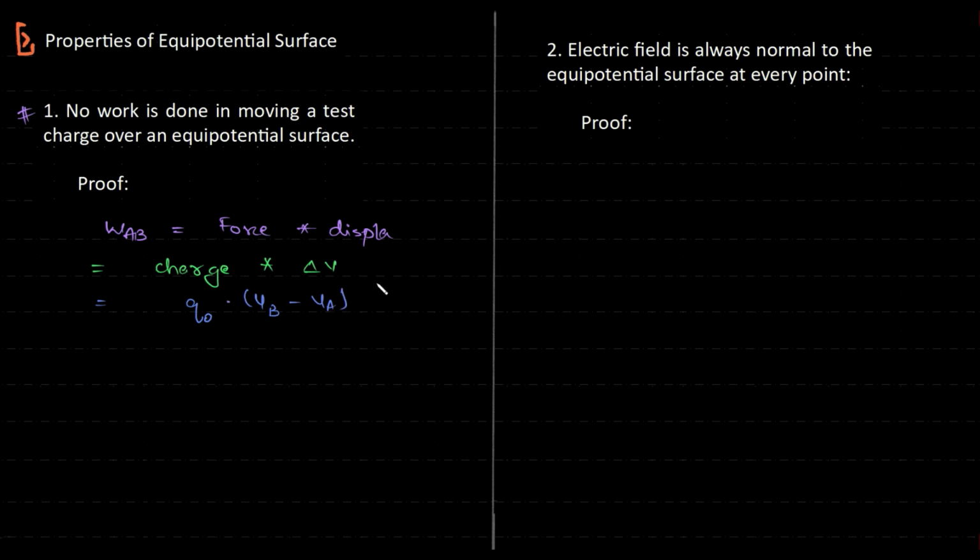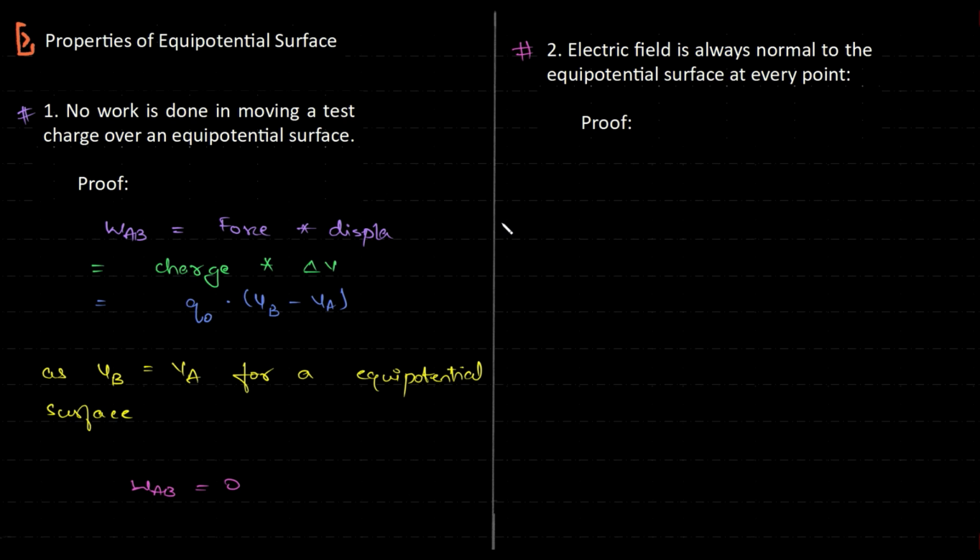So that will be the amount of work that we need to do. That's the whole funda. But VB is equal to VA for an equipotential surface. So we have this entire expression to be 0. That's it. So we don't need to do any work while moving the charges around on an equipotential surface.